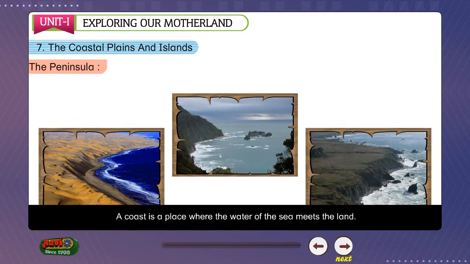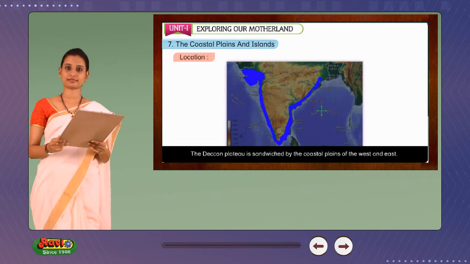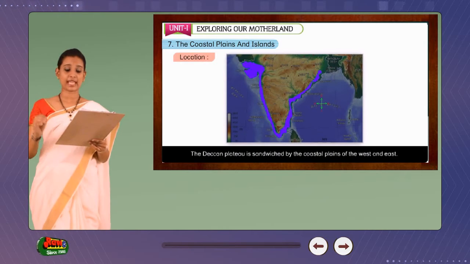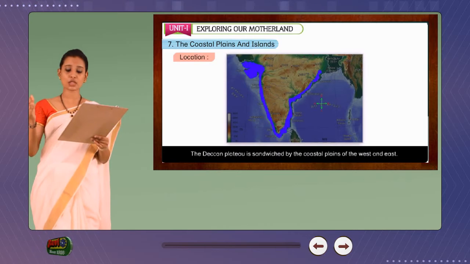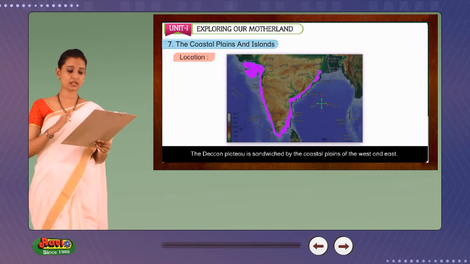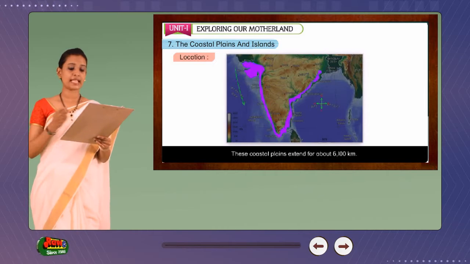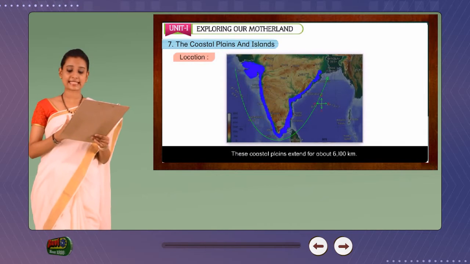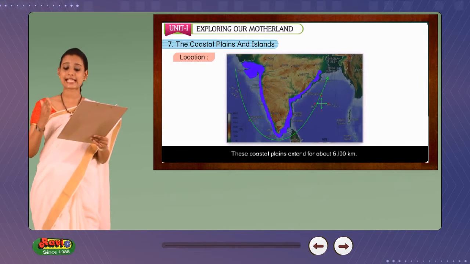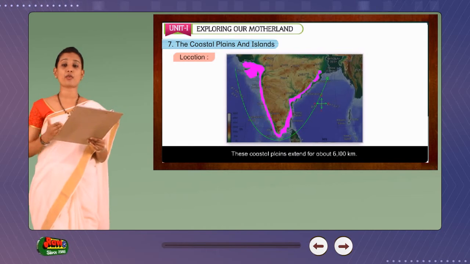Location. The Deccan Plateau is sandwiched by the coastal plains of the west and east. These coastal plains extend for about 6,100 kilometers. Formation.